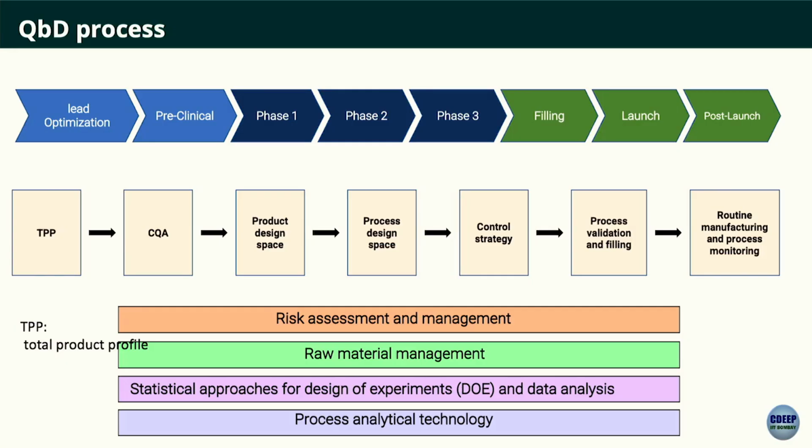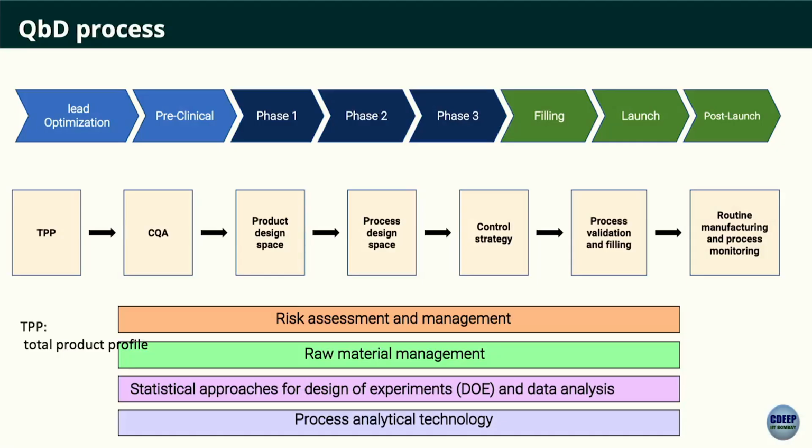You first define it. Then you look for critical quality attributes. Each of these terms we are going to define. These are the critical parameters that the product must have: aggregation state, higher order structural state, binding, immunogenicity. All these are critical quality attributes.